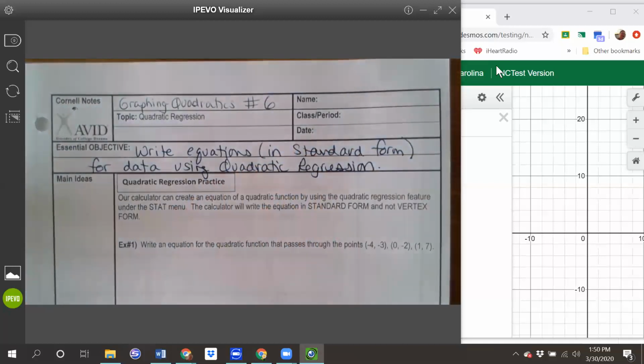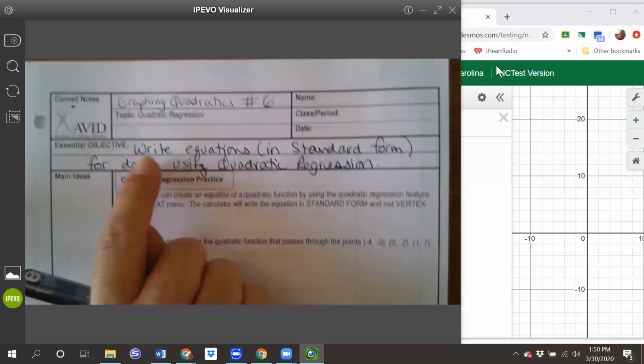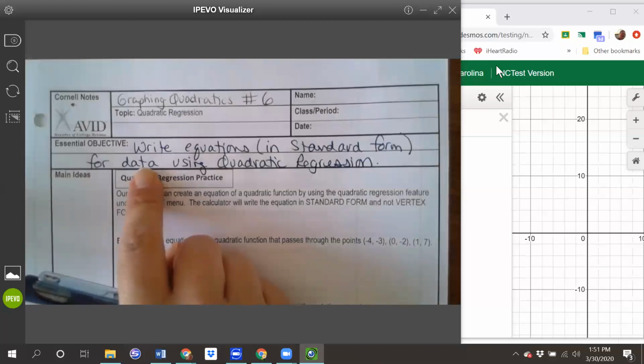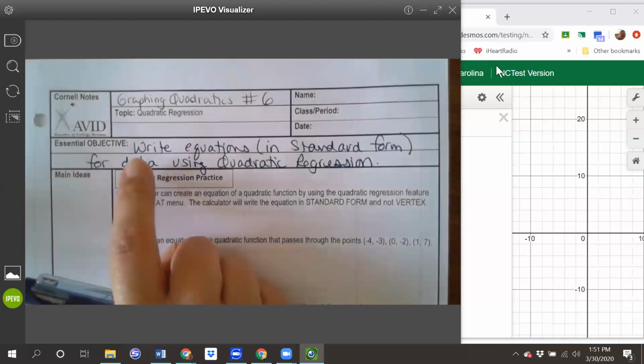Now, doing linear regression is something that we did in Math 1. We have a list of data and we enter that into list 1 and list 2 in our graphing calculators, and then we allow the calculator to create the line that best fits the data.